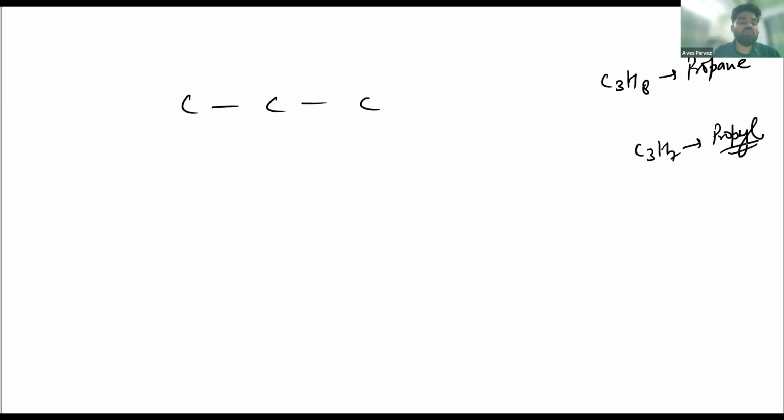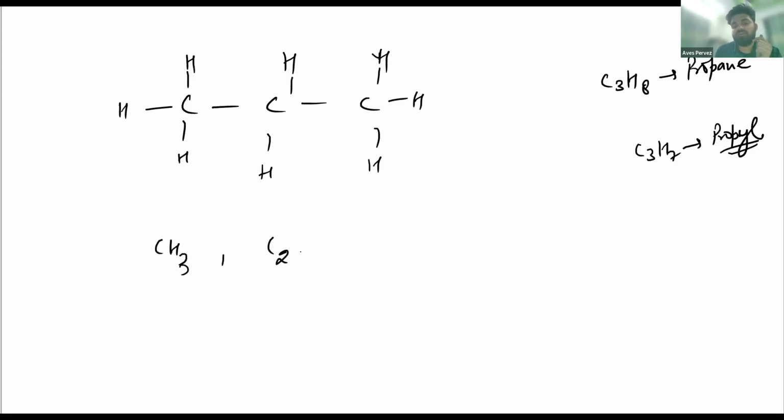You need to understand one thing thoroughly: whenever a hydrocarbon chain is attached, this branch is known as an alkyl group. If one carbon is CH3, two carbon is C2H5. It can be written as a group like this.